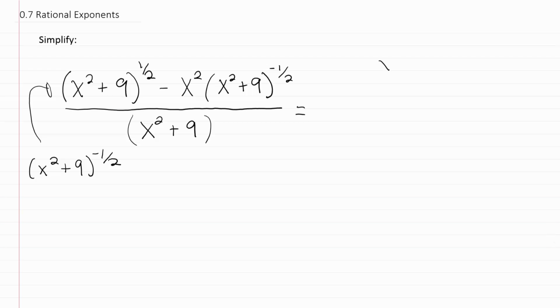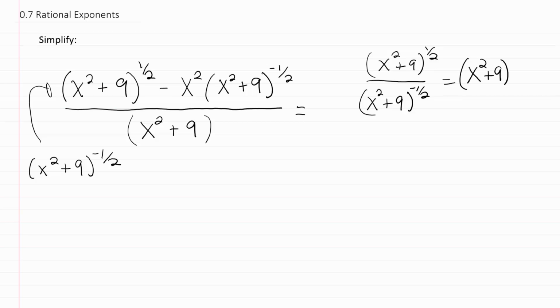Let's do it off to the side. I'm going to say x squared plus 9 to the 1/2 power, and I'm going to divide that by x squared plus 9 to the negative 1/2 power. Both of these terms have the same base, x squared plus 9. And the rule is, when dividing two terms with the same base, you subtract their exponents.